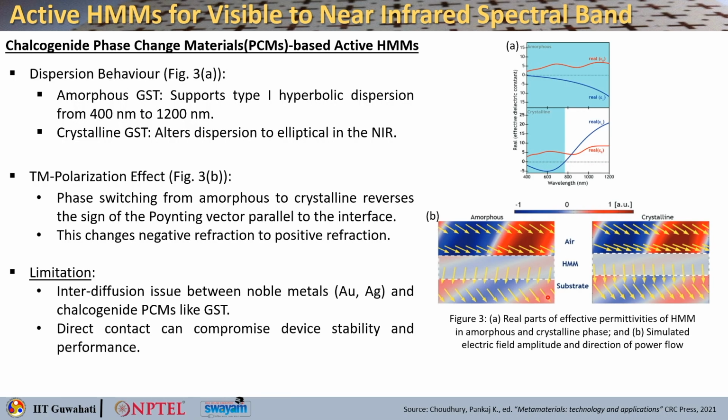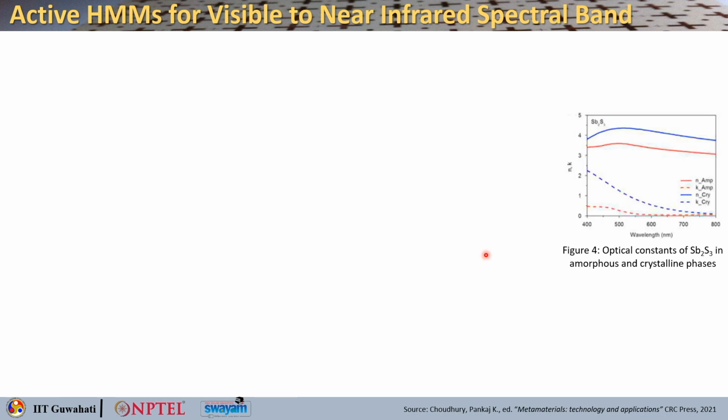Usually at high temperature during the amorphous-crystalline switching of a material like GST, gold or silver atoms, whichever you are using, in this case it was silver, can diffuse into the GST layer, and the tellurium or other atoms from GST can also diffuse into the metal. This forms intermetallic compounds like gold telluride, and they may disrupt the optical property and the phase change functionality of this kind of material.